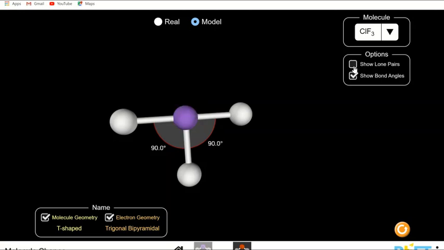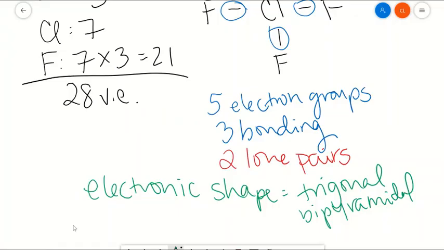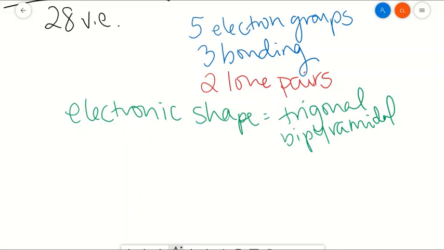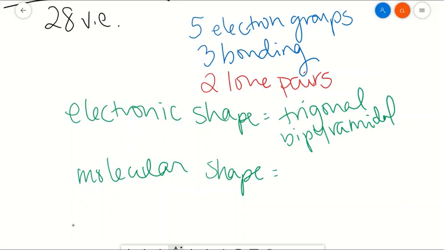If we don't show those, what is the overall shape? It looks like a T, right? So this one is called T-shaped. The overall shape here is T-shaped.